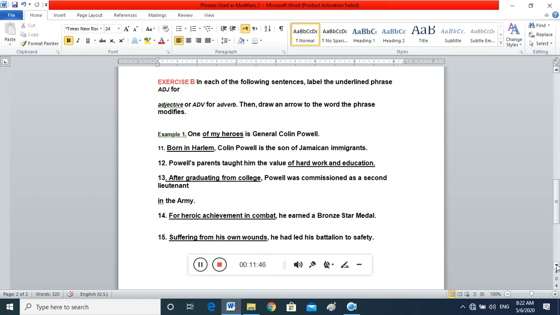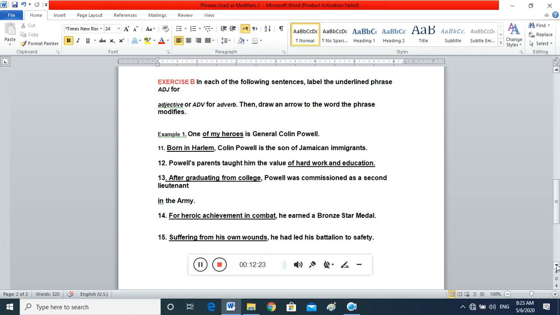After graduating from college, Powell was commissioned as a second lieutenant in the army. After graduating from college, a prepositional phrase which describes was commissioned. Was commissioned is a verb. So, in number 13, the underlined phrase acts as an adverb.